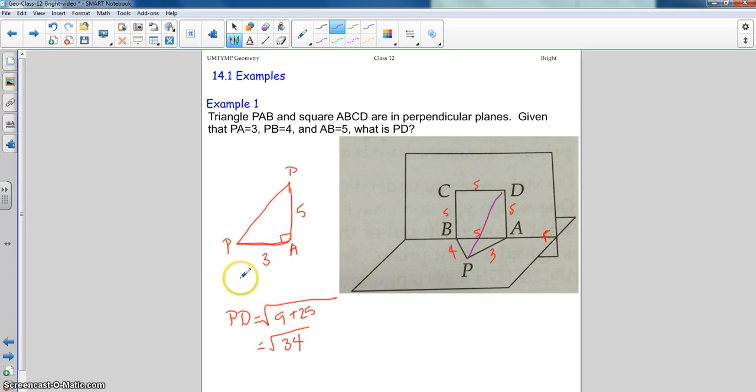Then I used the Pythagorean theorem to find this missing side. Now in this problem, they actually gave us more information than we need. They gave us that PB is 4, and we didn't really use that, so be aware that they may give you more information than you need sometimes.